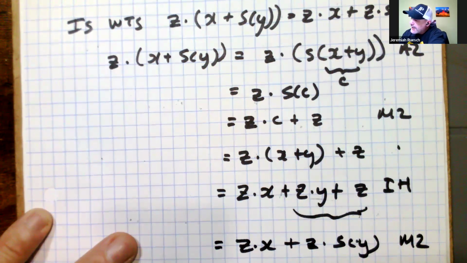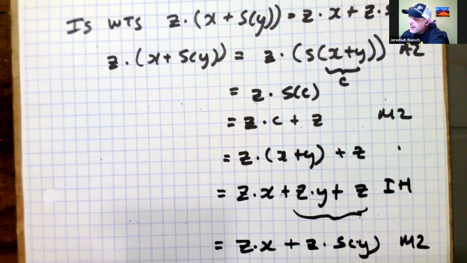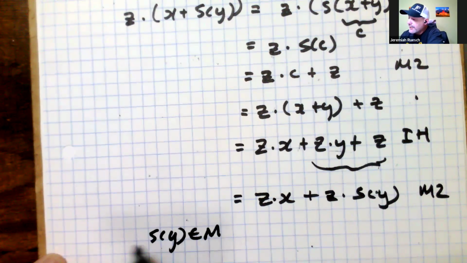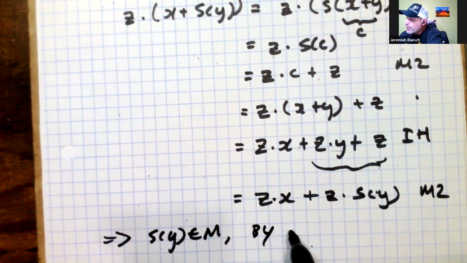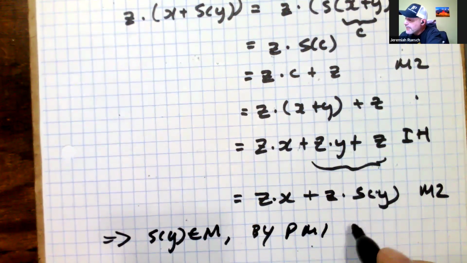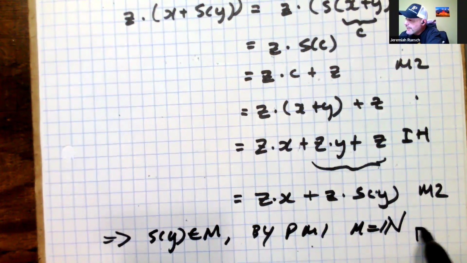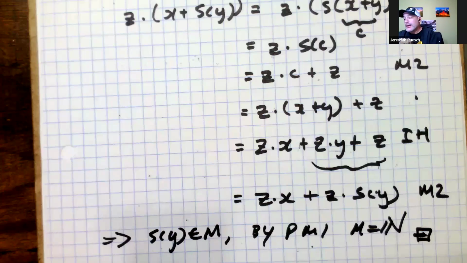Okay, so that means that the successor of y is in m. Okay, and by that definition, then of course, this implies the successor of y is in m. Okay, so by the principle of mathematical induction, we have that m is actually equal to the whole set of natural numbers. Okay, and that is then showing us that the distribution of multiplication over addition from the right also is true.